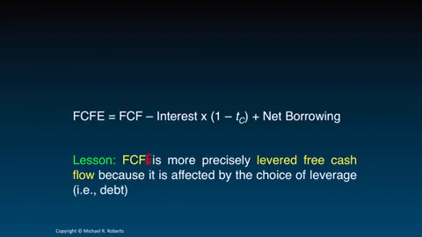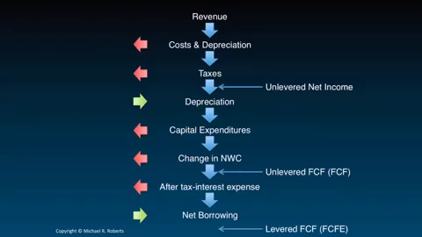So let me show you what we've just discussed schematically in terms of a hierarchy that's getting us a little bit close to an income statement, right? Remember, free cash flow starts up at the top with revenue. Well, the revenue comes in. We're going to pull out the depreciation and costs. We're going to pull out our taxes. Okay? That's going to give us our unlevered net income.